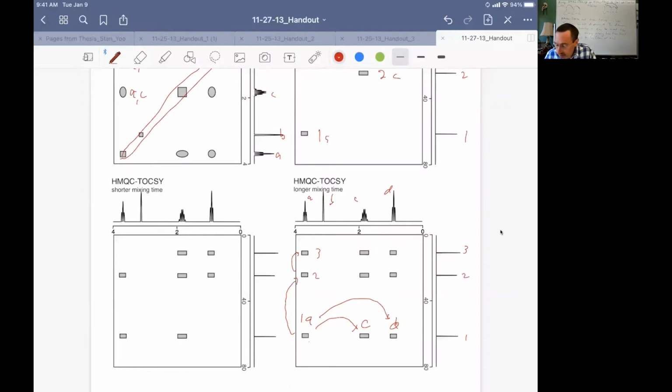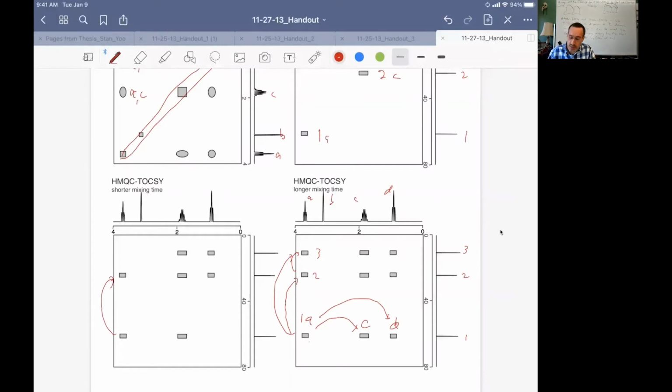And if we vary the mixing time, we can do this sort of stepwise. So that's with a longer mixing time, because we wouldn't know, okay, is 1 connected directly to 3? But you can do that over here with a short mixing time.